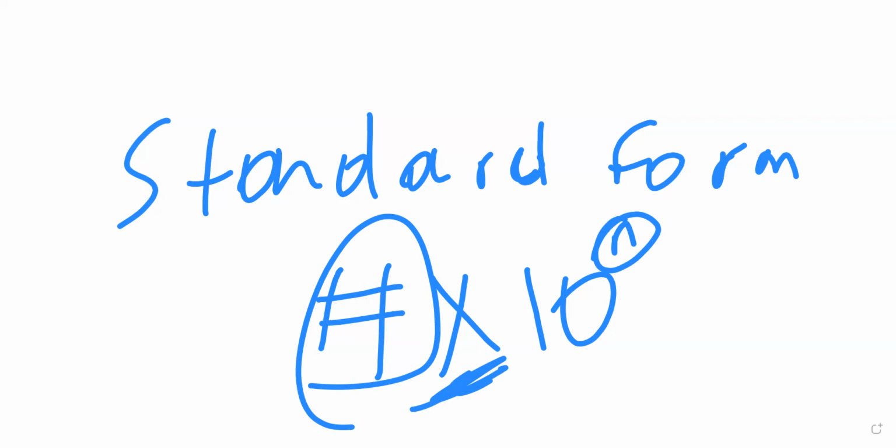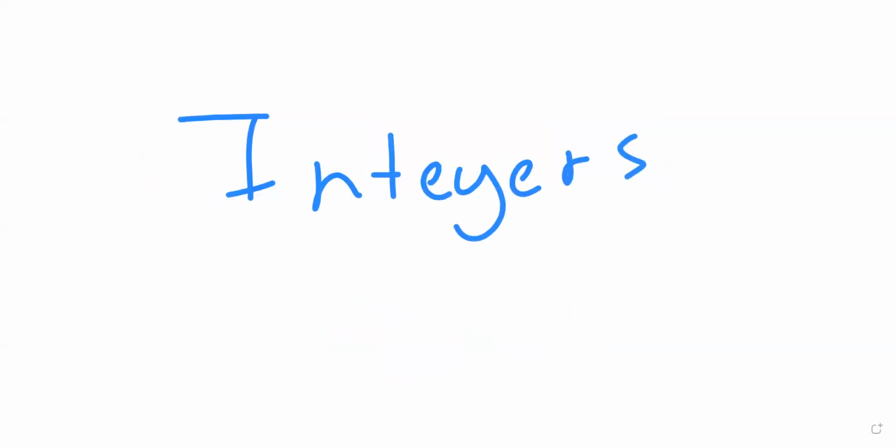So for example, let's see how we can write integers in standard form with positive powers, and then we look at how we can represent any other number having negative powers.